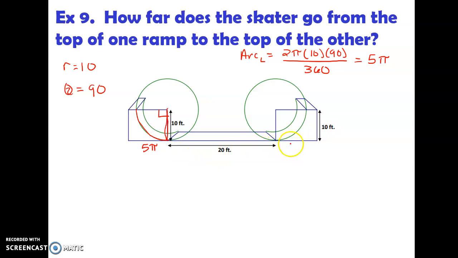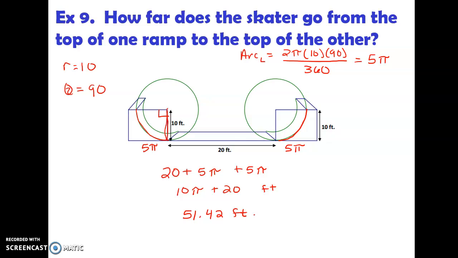He's going to hit the 20, and then he's going to travel another 5 pi on this side. So he will travel 20 plus 5 pi plus 5 pi, and that's going to be 10 pi plus 20 feet exactly. Or if I want to put it as an estimate and go to the hundredths place, I get 51.42 feet. There you go.